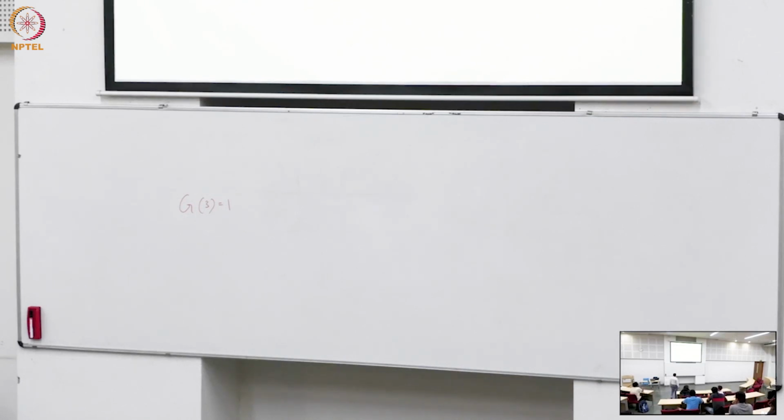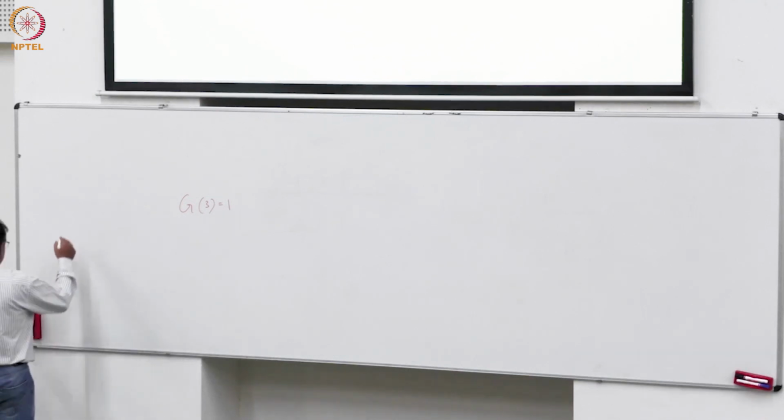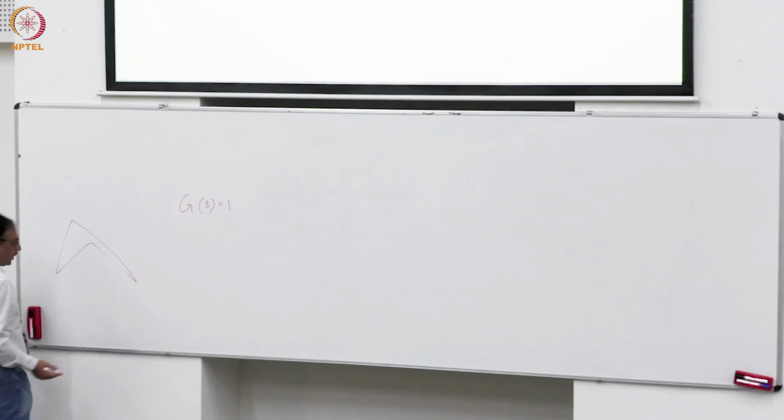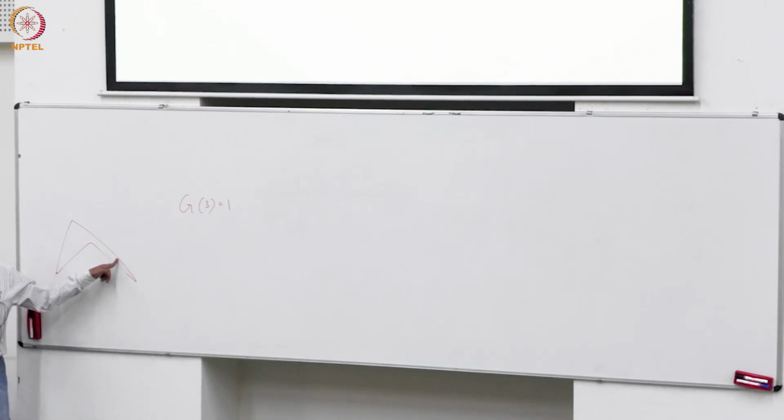Now everybody is confused. You have a shape like this. How many guards are required? If you place here, obviously that guard cannot cover everything, because this region he or she cannot see, right. And similarly if I place here, you can see, right.